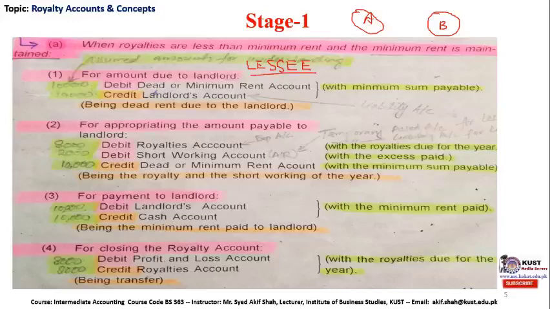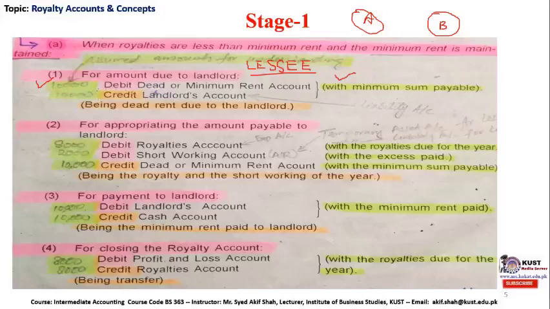So we have to debit the dead or minimum rent account with the agreed minimum rent payable, which was 10,000.